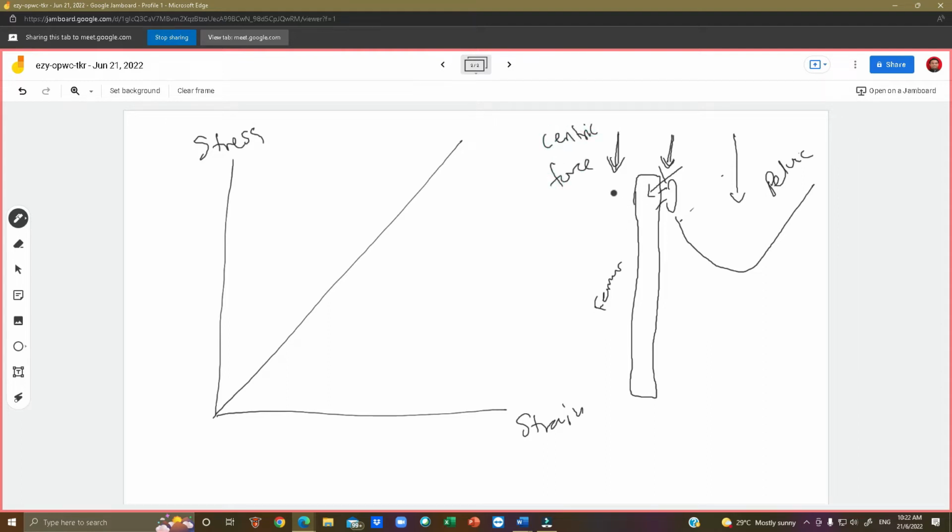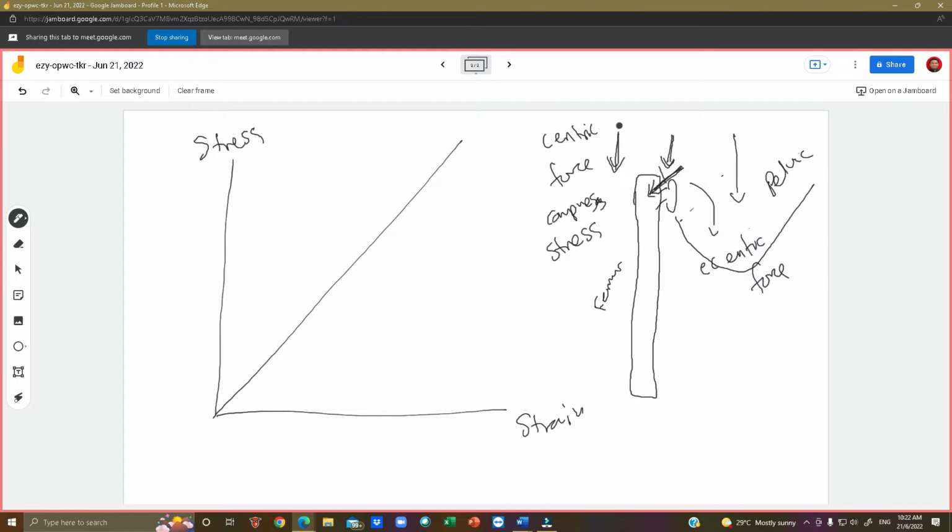The effect is compression, compress, ataupun stress. At the same time, you also have a force acted through the head of the femur, which is not linear with the femur, but axial. So this kind of force is known as eccentric force.